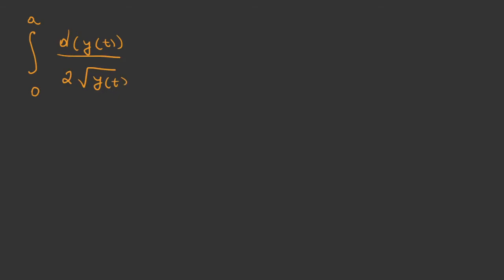And maybe let me emphasize that we're integrating over t, so I'll put our limits of integration as being from t equals 0 to t equals a. This integral will equal the integral from 0 to a of negative dt. Right?